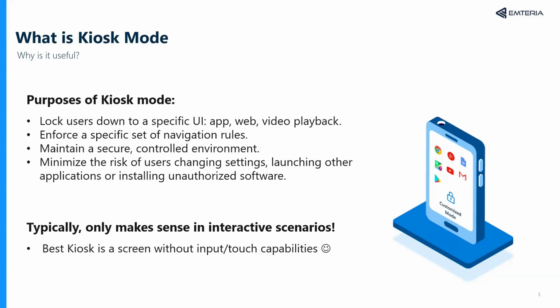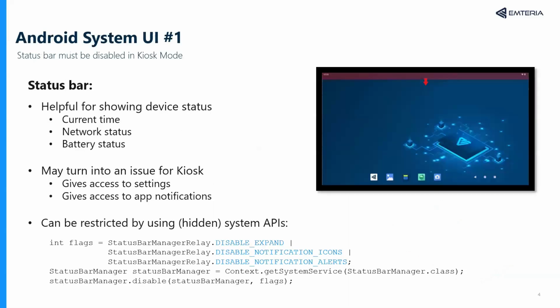And before diving into different types, maybe we'll do a short summary of what prevents Android from being kiosk-like from the beginning. So the first, obviously, this is the status bar. It's super helpful. You can see the time and the network status. So even some of our clients want to have that.